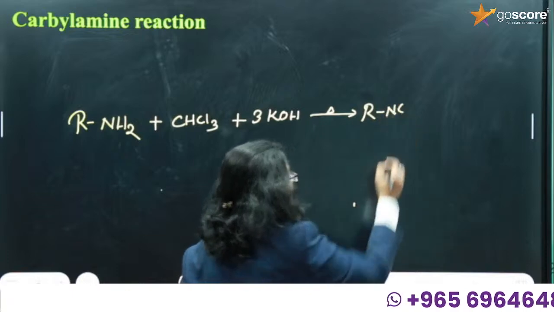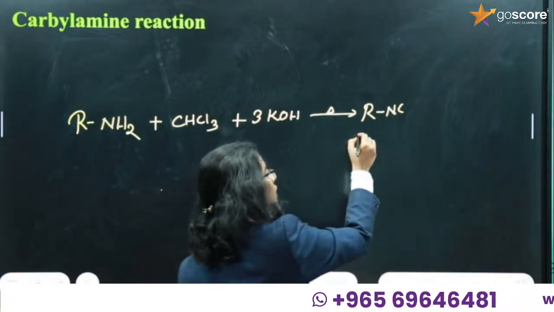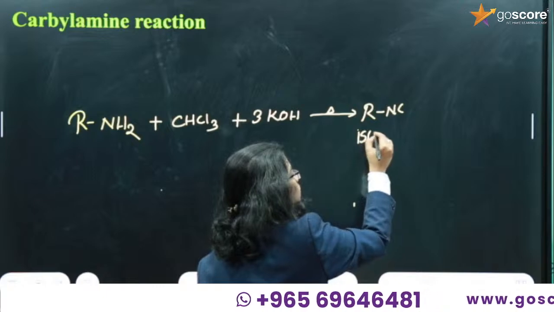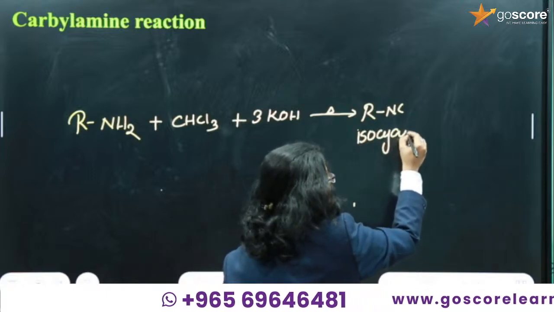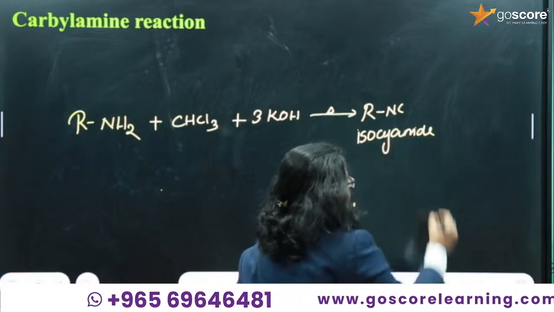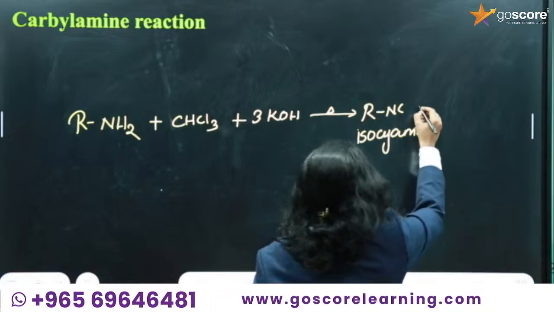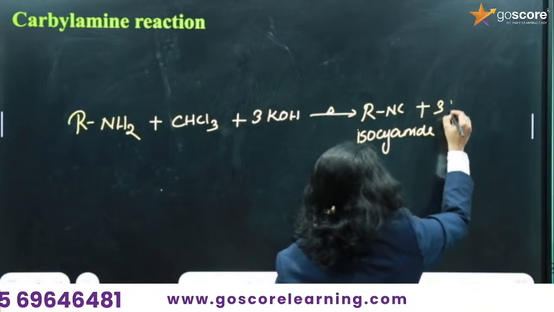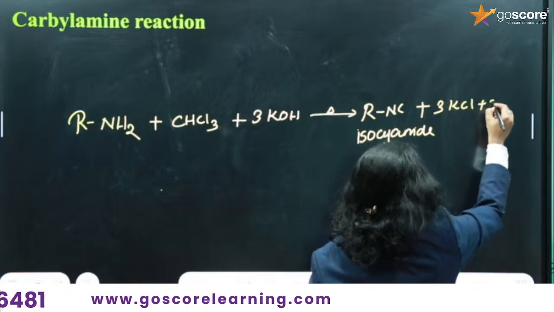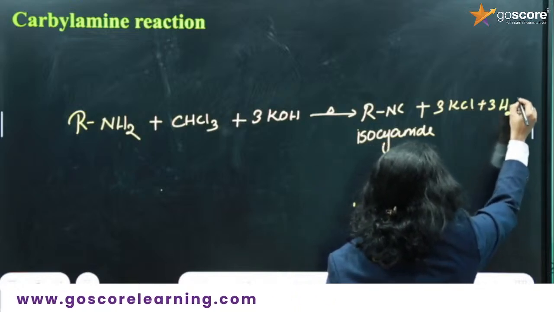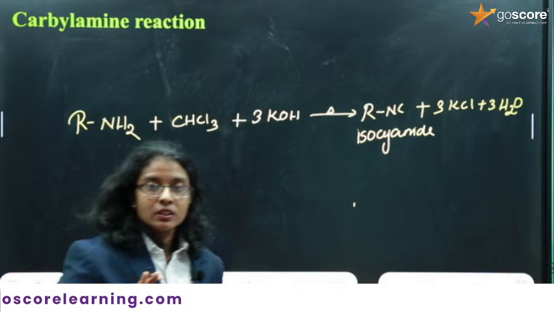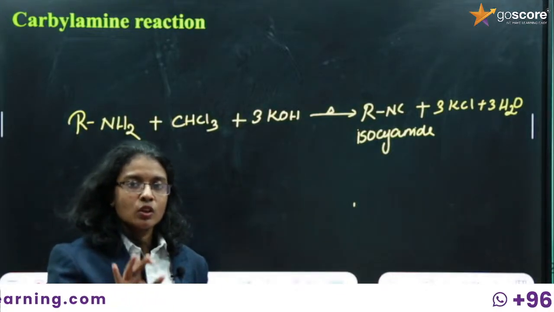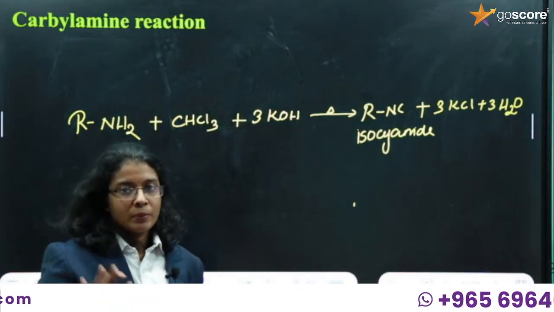What is RNC? Isocyanide, the foul smelling substance formed in the carbylamine reaction, plus 3KCl plus 3H2O.